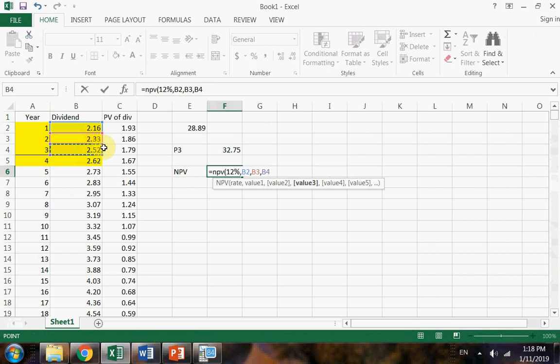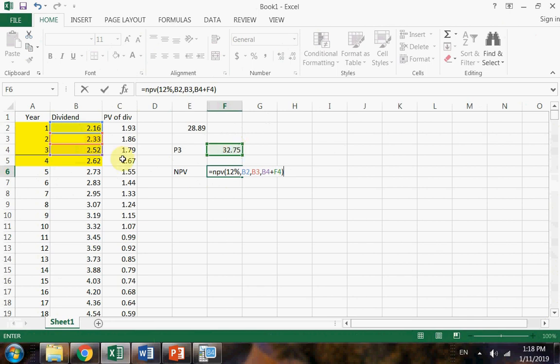But dividend 3 is just a part of cash flow 3. You also need to add price 3 in there. So basically this scenario assumes that you hold the stock for only 3 years. During your 3-year holding period, you receive dividend 1, dividend 2, dividend 3, and then you receive price 3 when you sell the stock. That's the price you get paid.